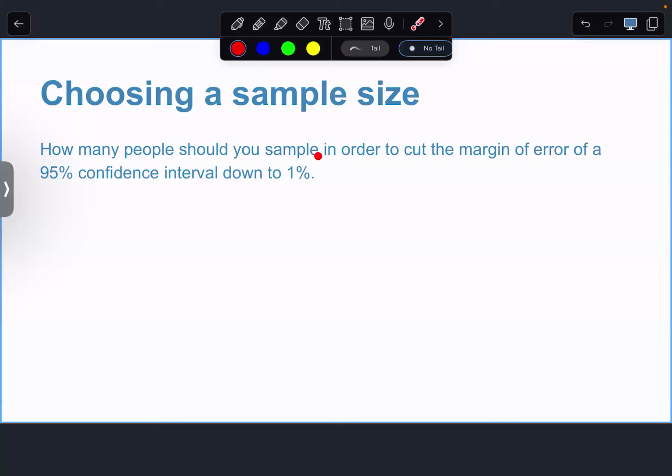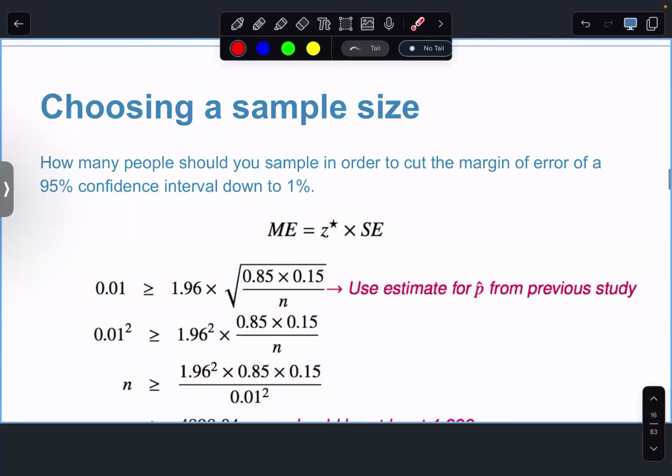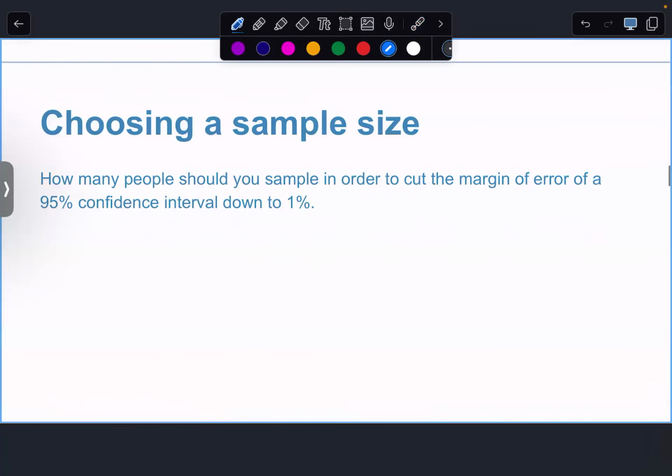How many people should you sample in order to cut the margin of error of a 95% confidence interval down to 1%? Now, it's unclear to me. Let me just. How many people should you sample in order to cut the margin of error down to 1% from the previous 0.027 or 2.7%?